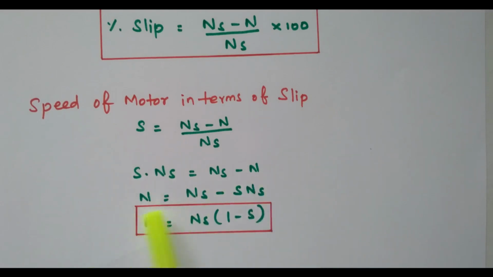While coming to this side, minus N becomes plus N, and s times Ns becomes minus s times Ns. Ns is common, so take Ns outside, so that N equals Ns times (1 minus s). So the speed of the motor in terms of synchronous speed and slip is N equals Ns (1 minus s). Now we will see the slip at the various stages, starting and running condition.